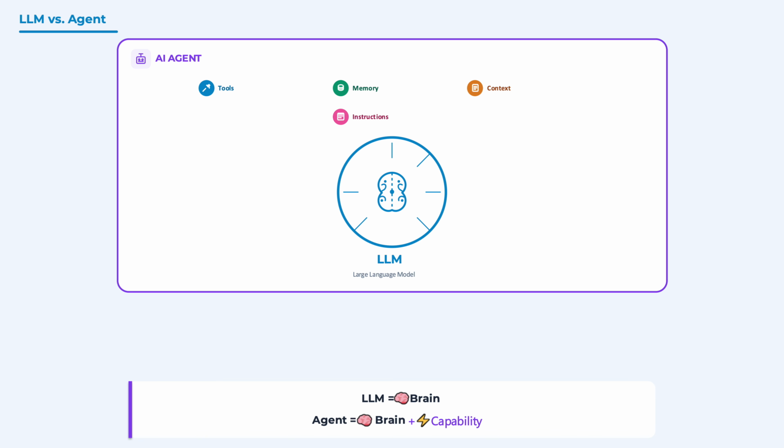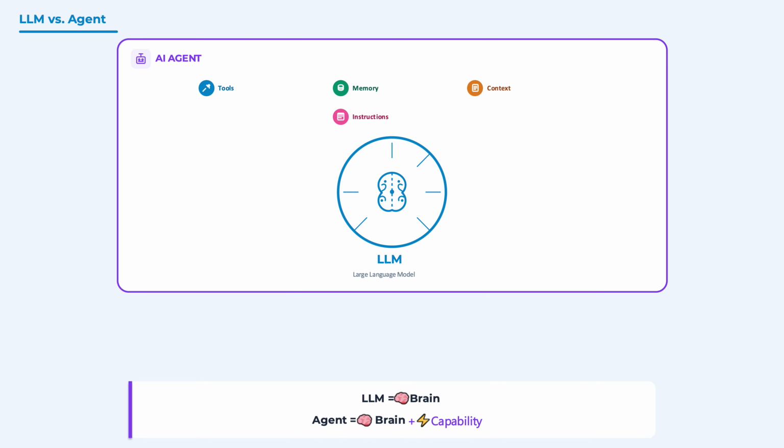But by itself, an LLM doesn't automatically have access to your systems. Imagine you ask an LLM, how many orders did we receive today? The LLM doesn't automatically know, unless that information is already included in the prompt or available through some connected system.